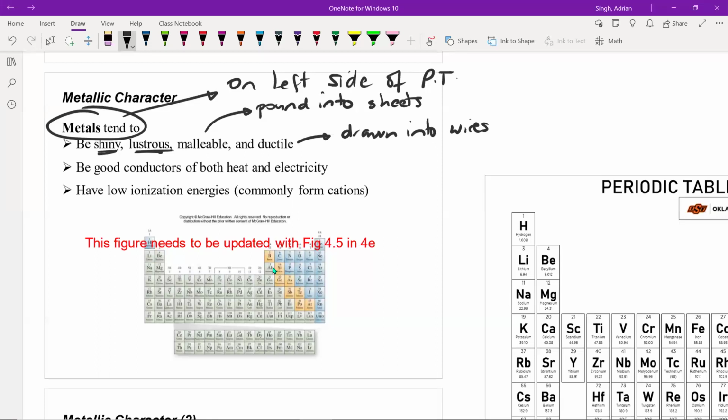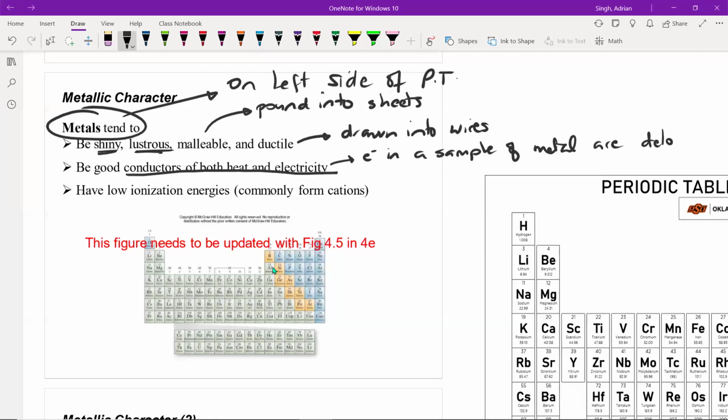Metals also tend to be really good conductors of both heat and electricity, and that has to do with how the metal atoms are actually arranged, and what happens to the electrons that you have in a metal sample. And we'll just say this right now, we'll talk about this in more detail later on. The electrons in a sample of a metal are what are known as delocalized.